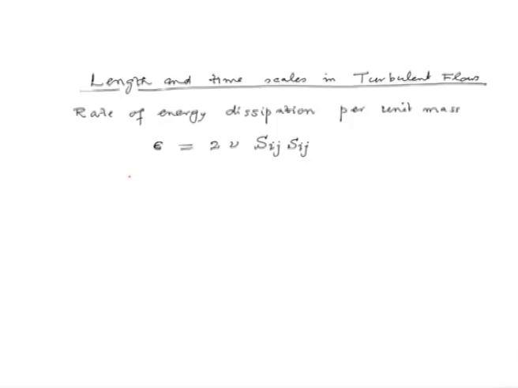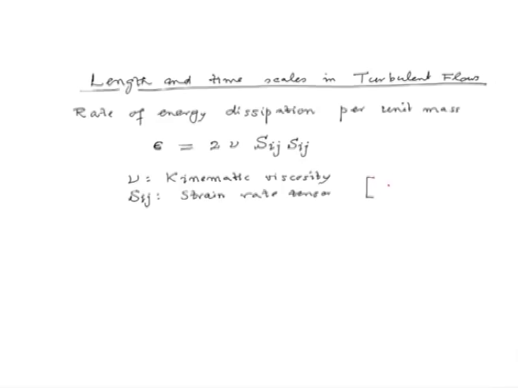So, here nu is our kinematic viscosity, and Sij is our strain rate tensor, which, if you can recall, we have defined in terms of the velocity gradient tensor.